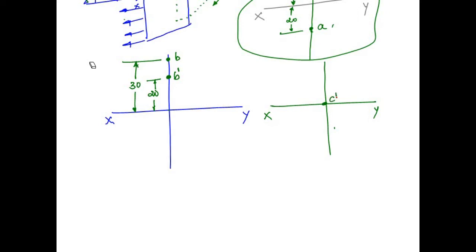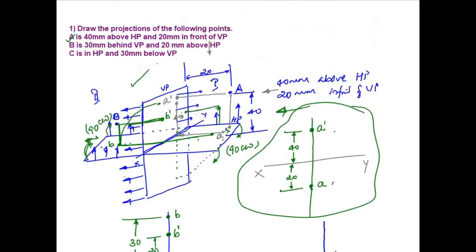Since it is in HP, I will use a different color. So this is my XY line, and this is my projector for C. First I will mark my C dash, and then it is 30 mm below vertical plane.